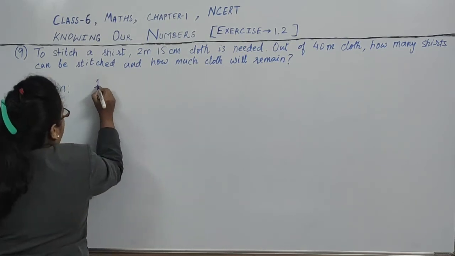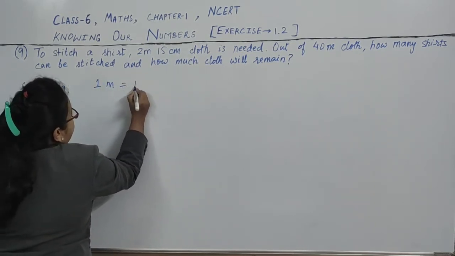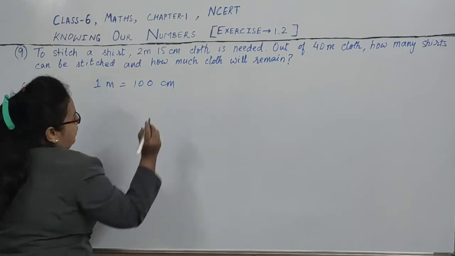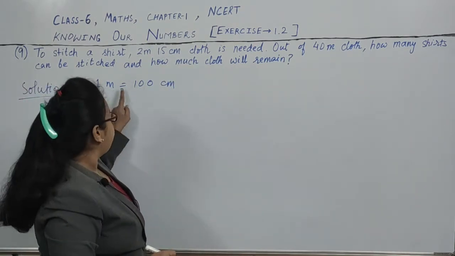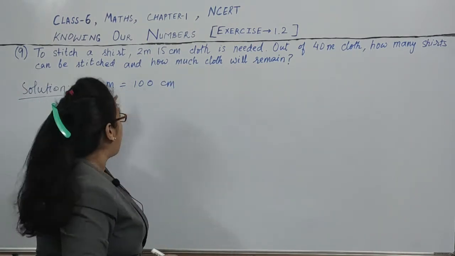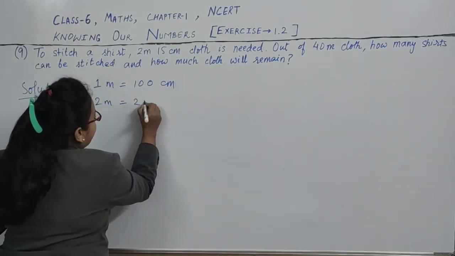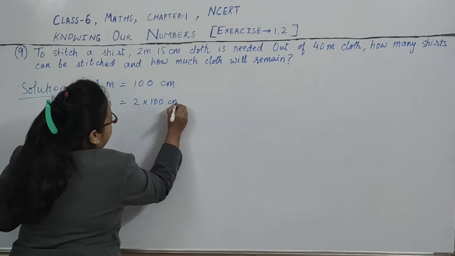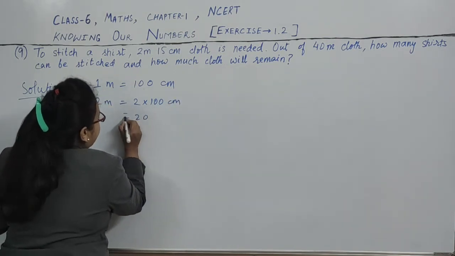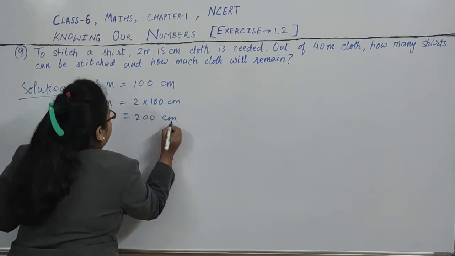See, 1 meter is equal to how much? 1 meter is 100 centimeters. I showed you how 100 centimeters is equal to 1 meter. So what will 2 meter be? 2 meter will be 2 into 100 centimeter, which will give 200 centimeter, right?